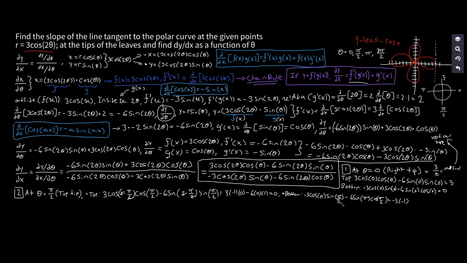Well, sine of pi over 2 is going to be 1. So it's going to be -3 times -1 times 1 minus 6 times sine of pi. Sine of pi is 0. So that's going to be 0. Cosine of pi over 2 is going to be 0. So 0 times 0 is 0.